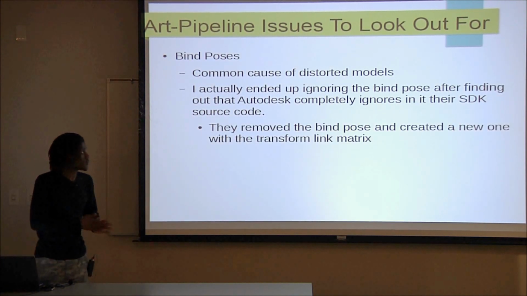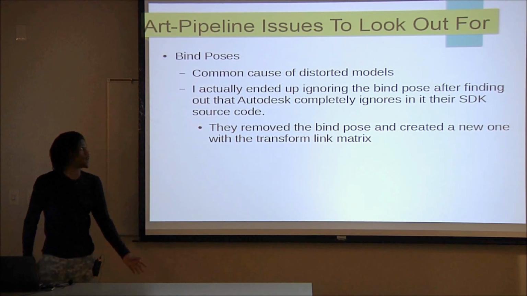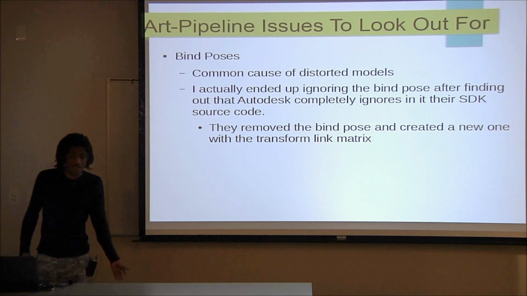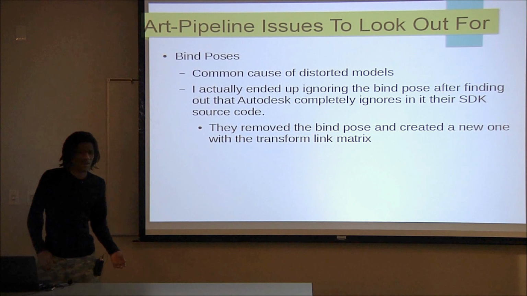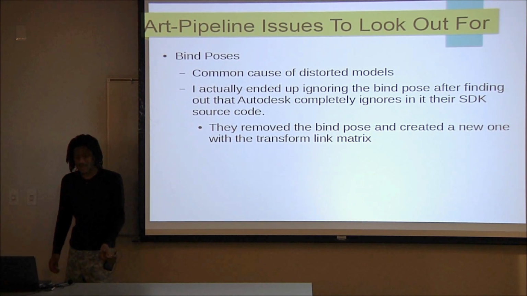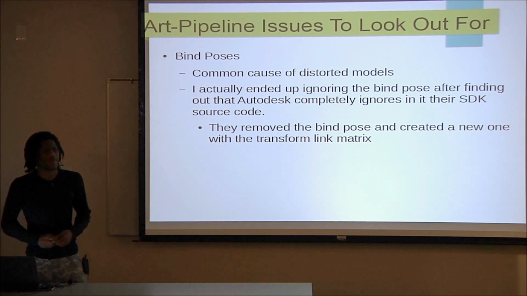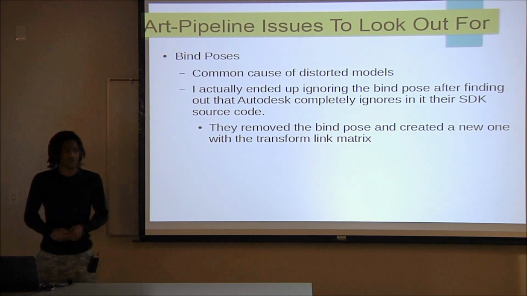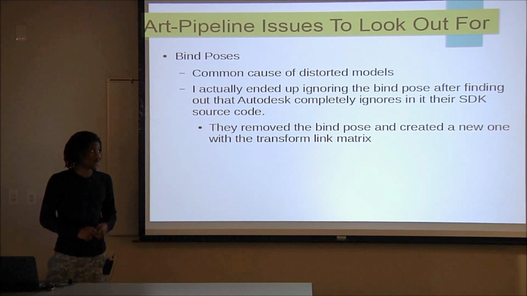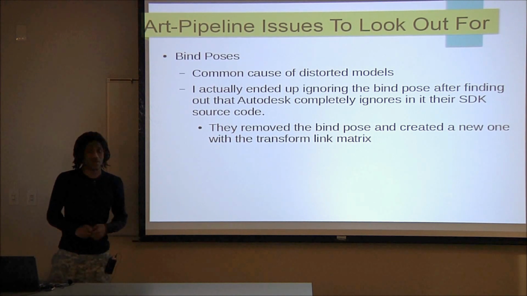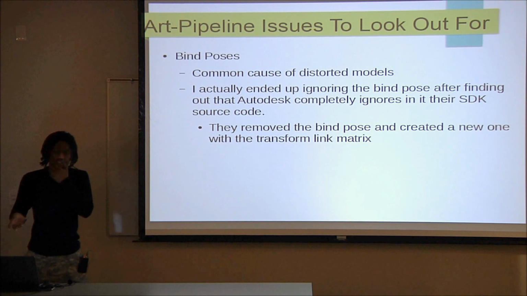Bind poses. I really don't understand the whole point of this. I thought I understood it, and then I was turned into a liar, because apparently the Autodesk SDK completely ignores the bind pose. I found this out a while ago, when I was trying to figure out why the model was spaghettified in my engine after I converted it, and in the Autodesk viewer it worked just fine.